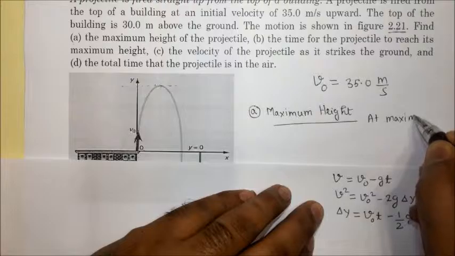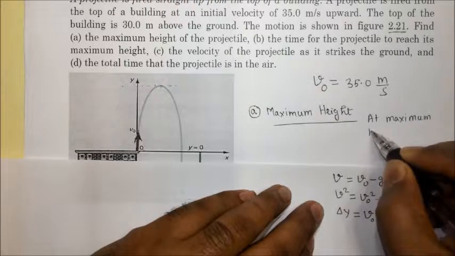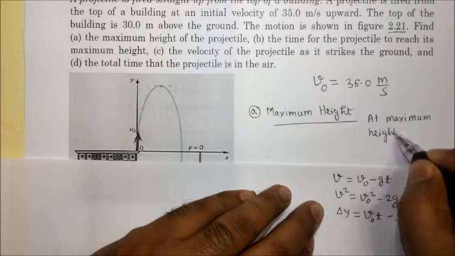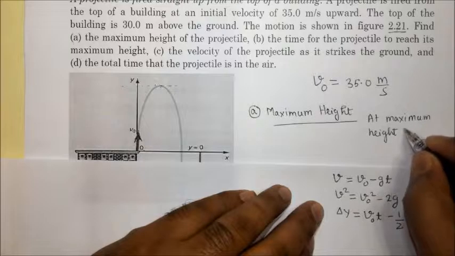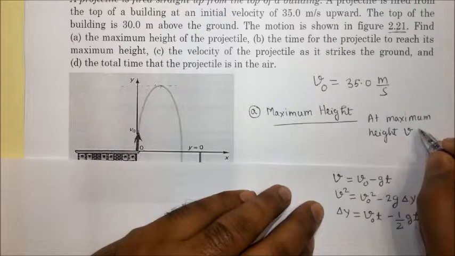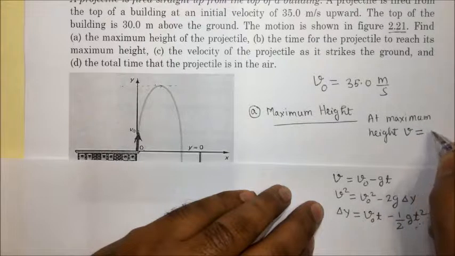So you can write this at maximum height, final velocity, V final, is equal to 0.